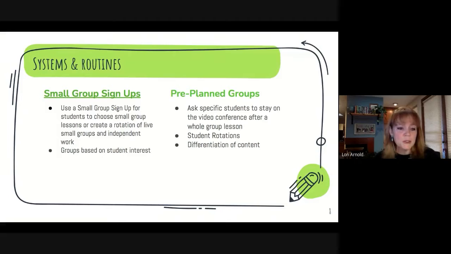You can also use your small groups for pre-planned groups, where if you know that you need to pull back a small group to do some reteaching or do some enrichment, you can do that. You can have students rotate through small rooms if you set up shortcuts. If you guys are familiar with how to do that, you can do that.